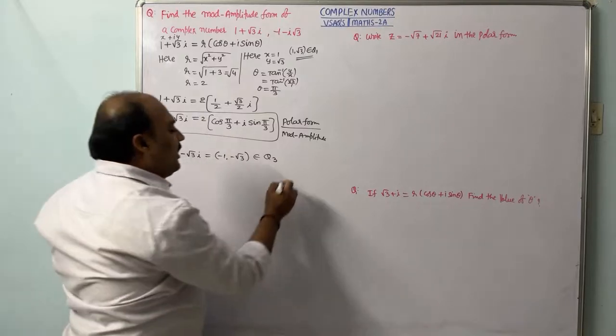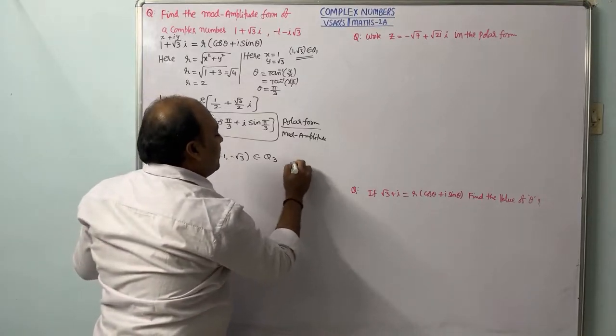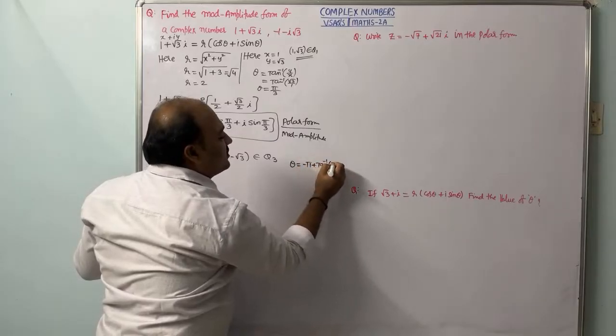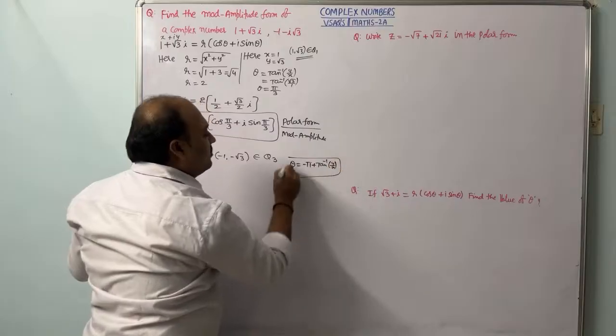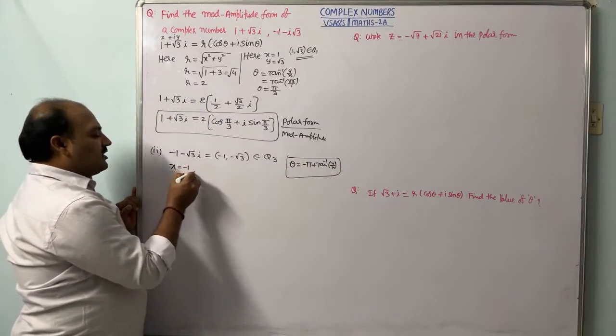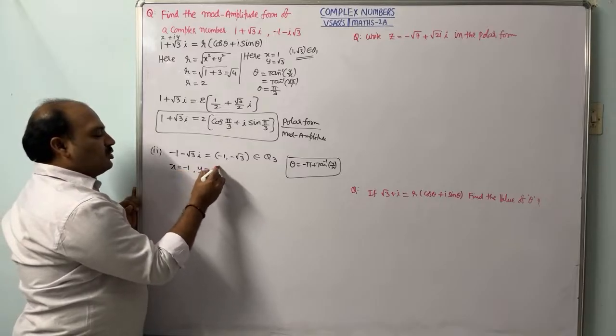Whenever it is Q3, theta is equal to minus pi plus tan inverse y by x, dear students. You remember this. So x is equal to minus 1, y is equal to minus root 3.